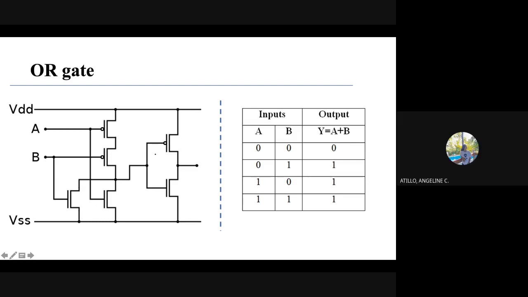Okay, again, this PMOS here is off, this PMOS here is off. So naa ba kay flow sa electricity gikan sa imong VDD kung both of this is off? Naa or wala? Wala, sir. Kay open circuit man.